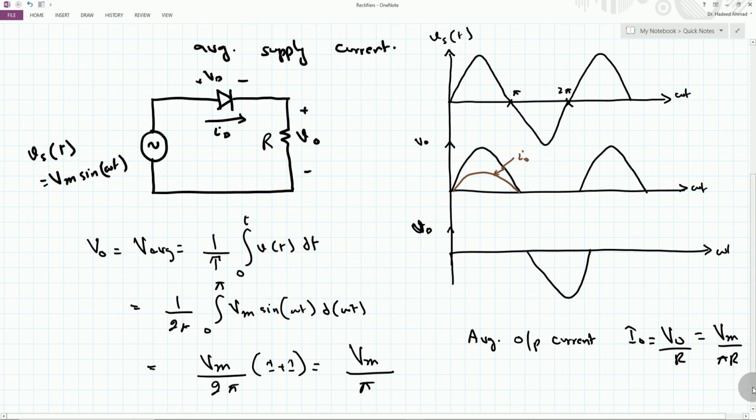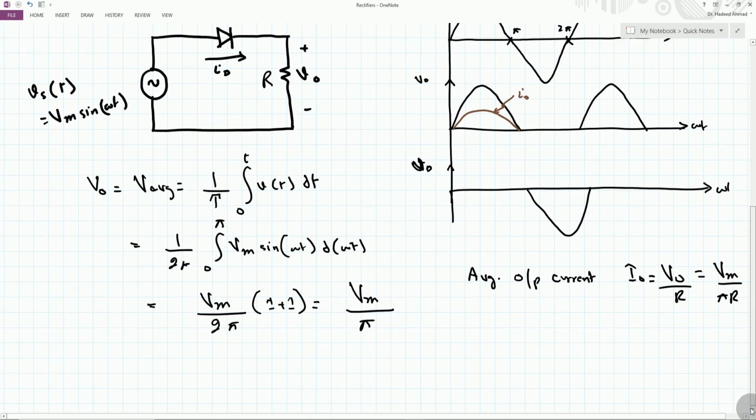Therefore, to compute the power absorbed by this resistance, we need the RMS value of the output voltage as well.